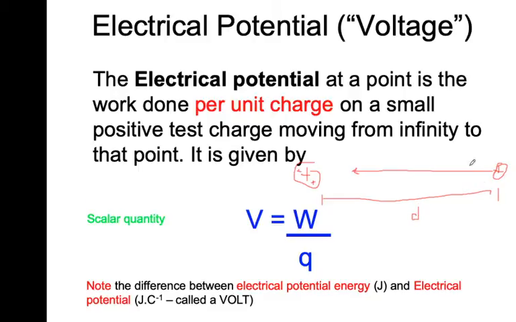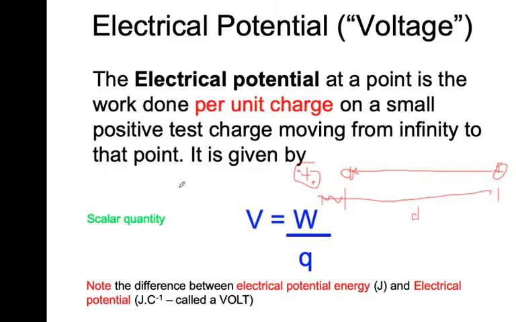So that distance is from infinity, really far away, to this new point. So it's moving from infinity to this point in space. So we know the distance it's had to travel, which is infinite, and we have this electric force that is required to move it there.